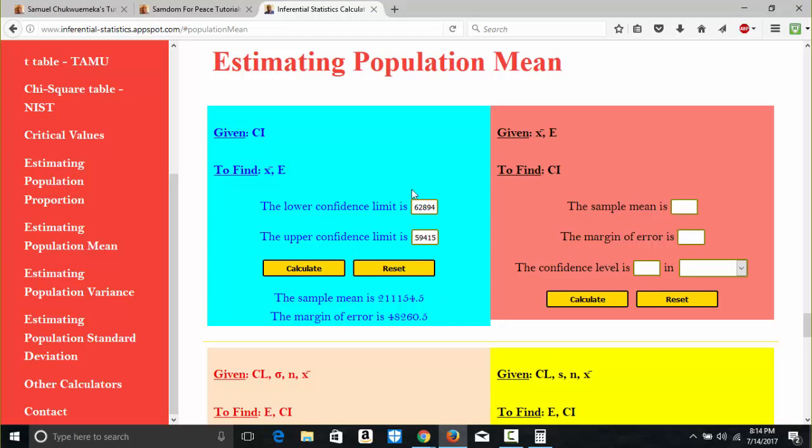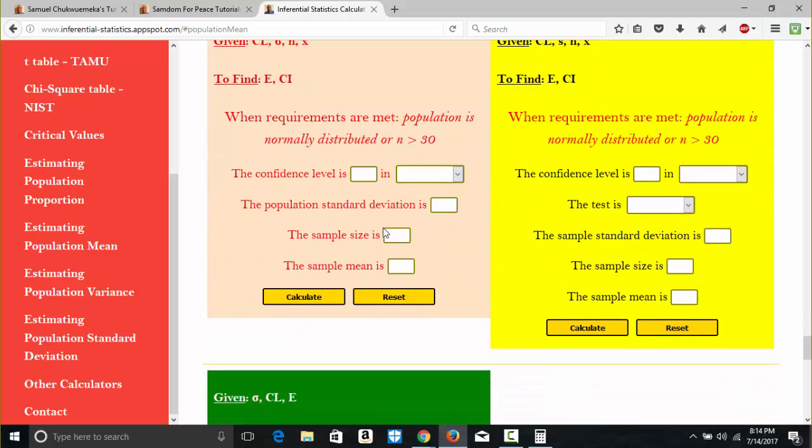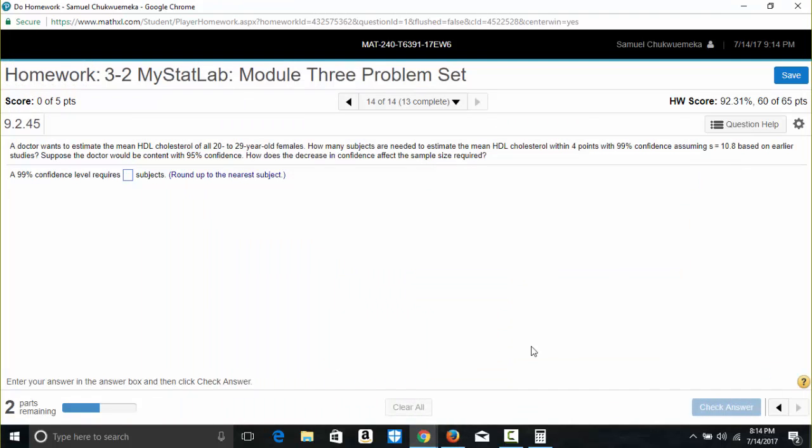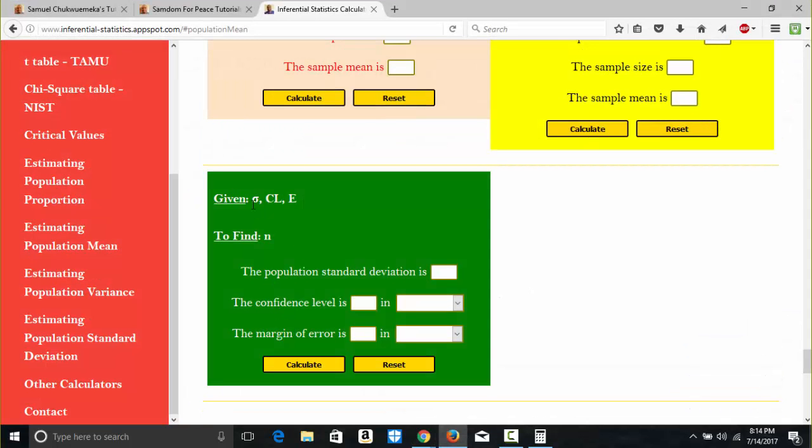I know sigma is the population standard deviation, but they gave us the sample standard deviation, and this calculator will work for it.